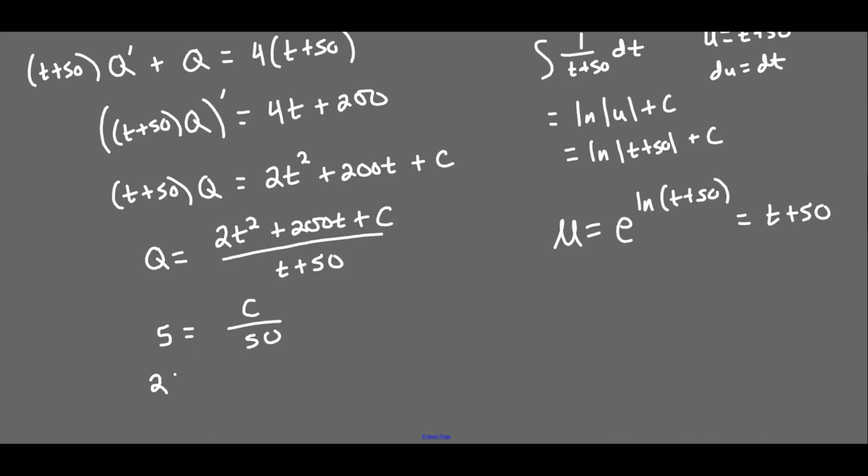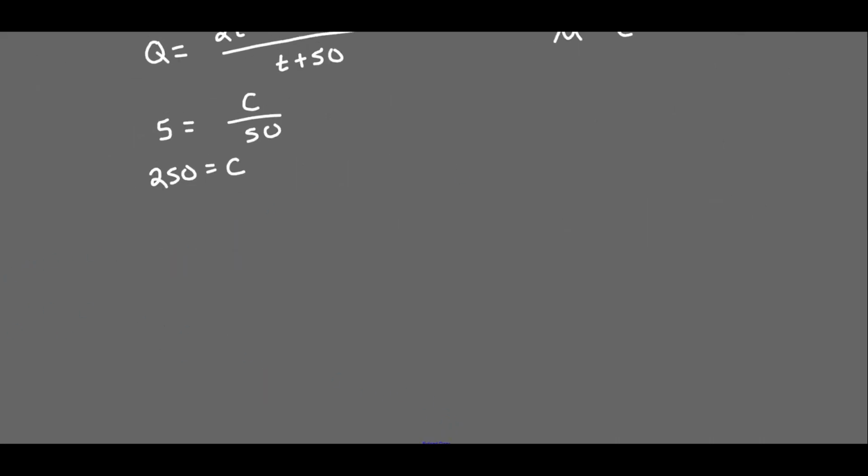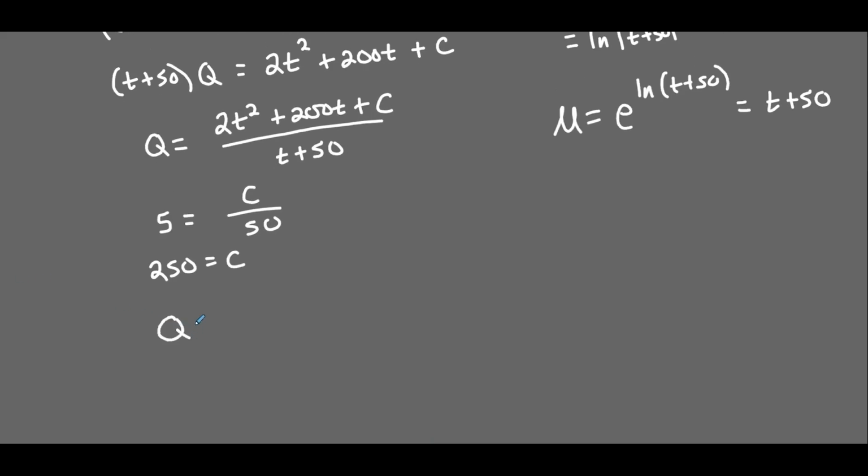Multiply by 50 on both sides, and I get C is 250. So my function is now Q equals 2T squared plus 200T plus 250 over T plus 50.